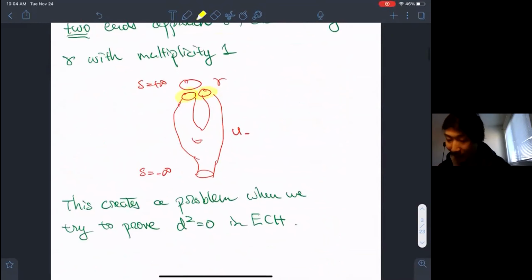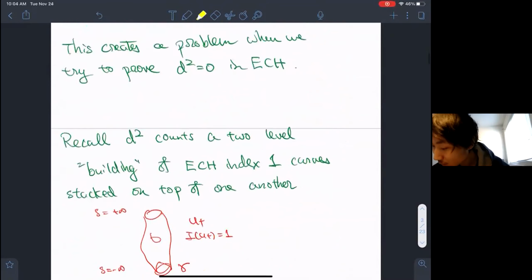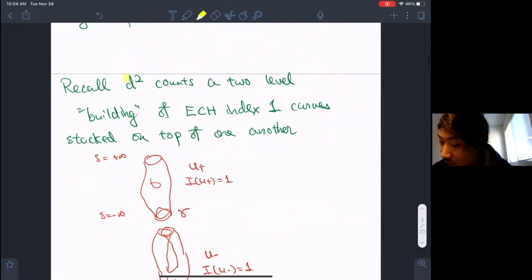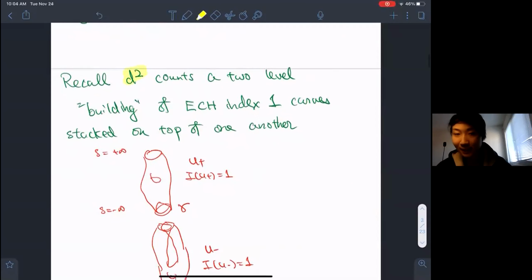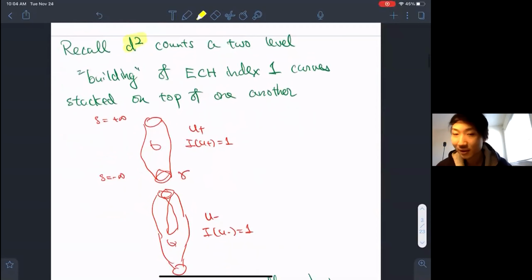So this creates a problem. Notice that they approach gamma in different ways, and this creates a problem for us if we want to show d squared equals 0 in ECH. Why is that? Recall that d squared equals 0 is basically counting two ECH index 1 curves stacked on top of each other. That's what the differential squared counts.